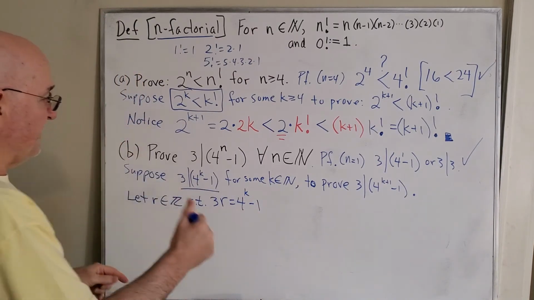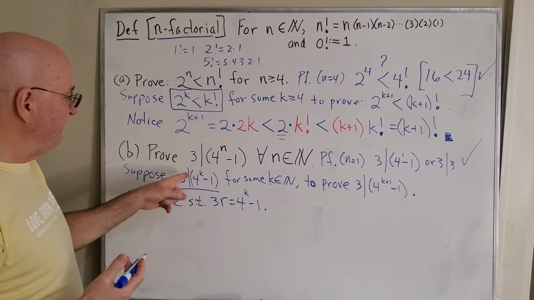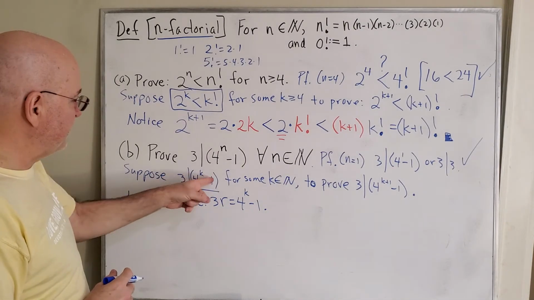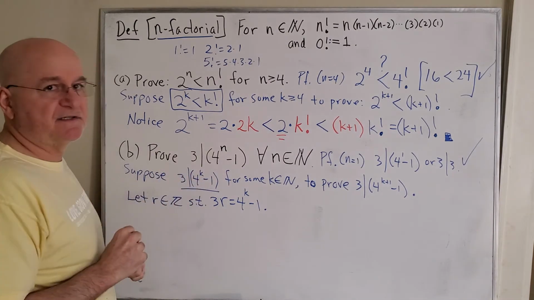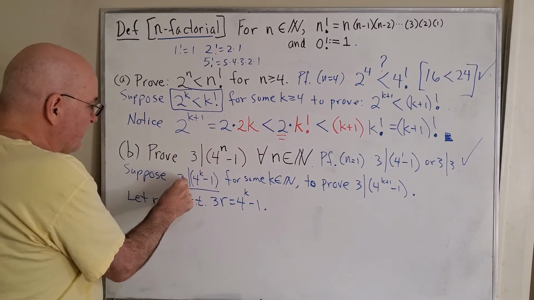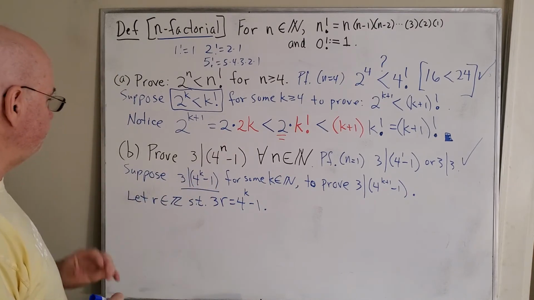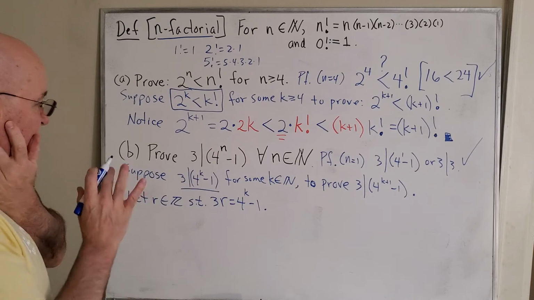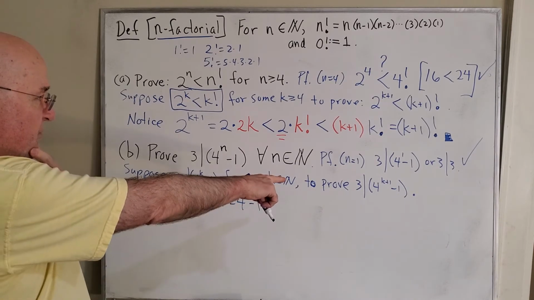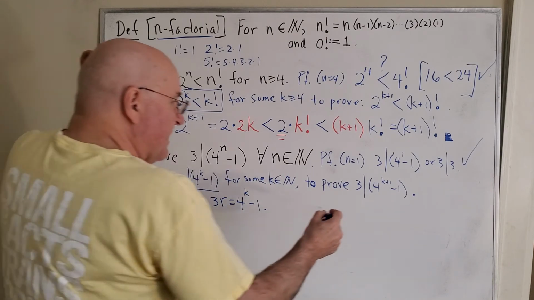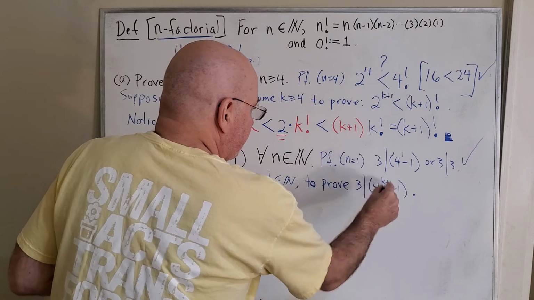If I wanted to put the explanation in there, I would say that's just the definition of what it means to divide. If this divides that, that means this is a multiple of the left-hand side. It means there's some integer I can multiply 3 by to get this. All right, now that we've made that clear, we're going to try to find an integer that I can multiply 3 by to get that.